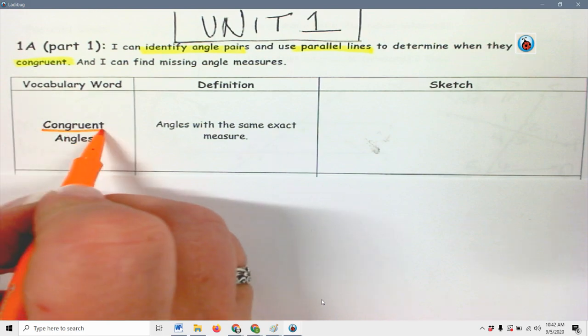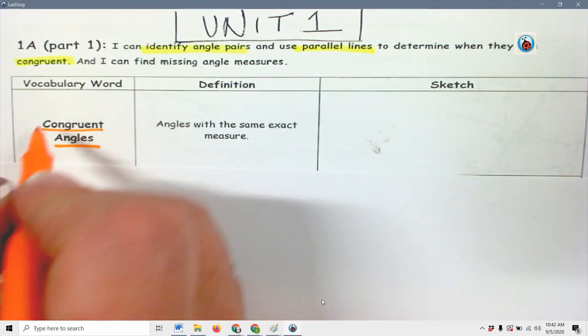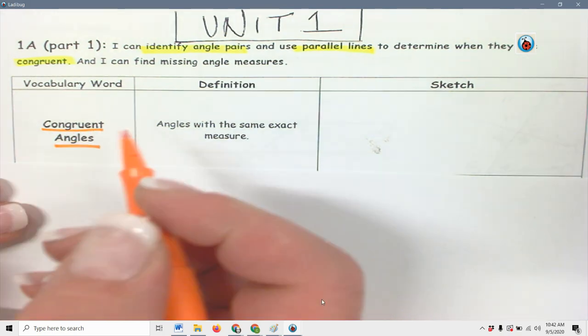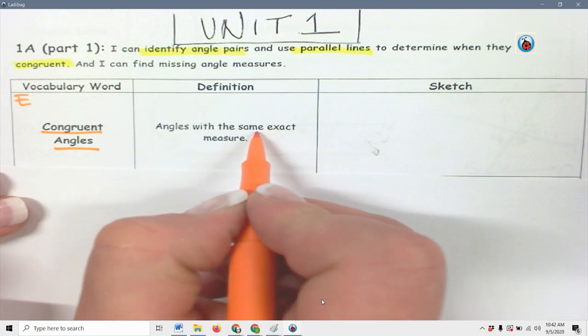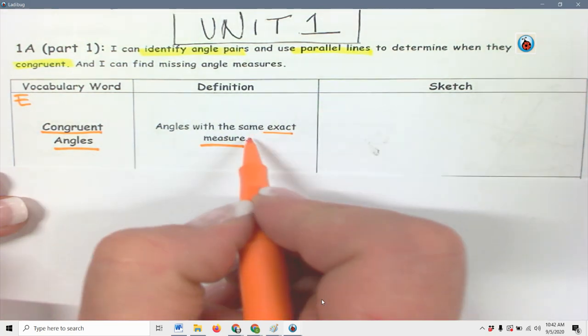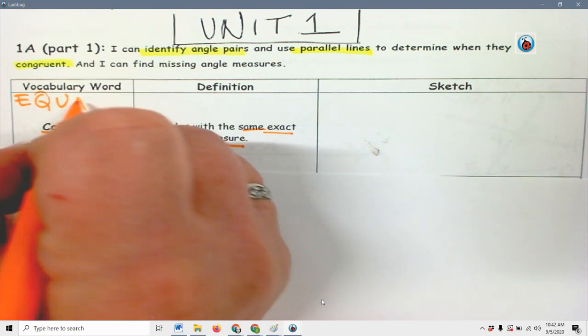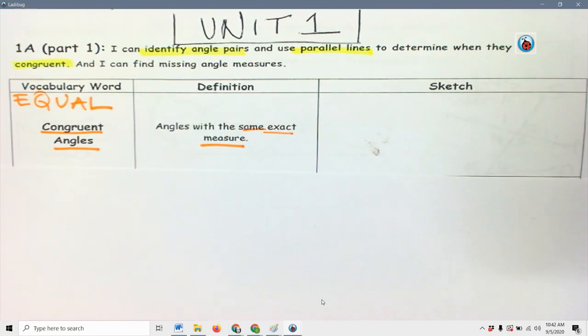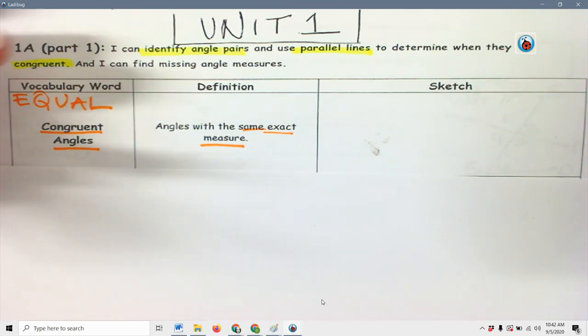Congruent might be a new word for some of you, and when you see that word congruent, I want you to think exact, the same exact measure. Another way that you can think of this is equal. Angles with the same exact measure.